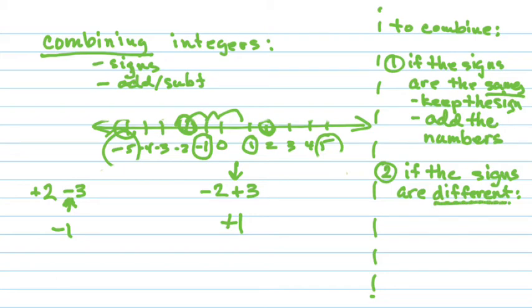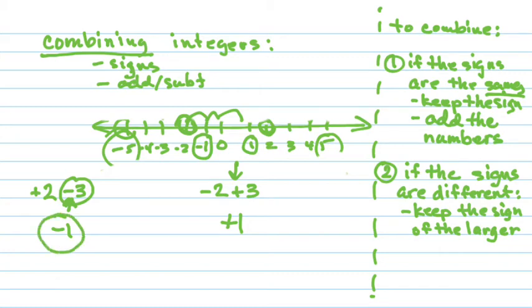All right? If the signs are different, then you're still going to keep one of the signs because your answer has to be either positive or negative. Does that make sense? But you're going to keep the sign of the larger. So here, 3 is bigger than 2, isn't it? And the 3 was negative, so your answer was also a what?